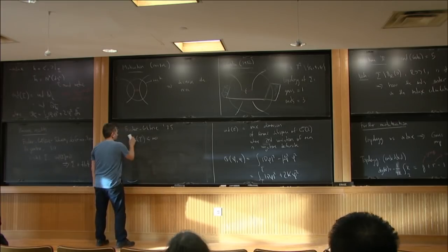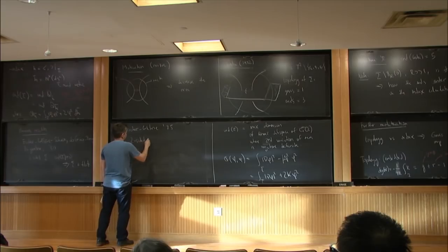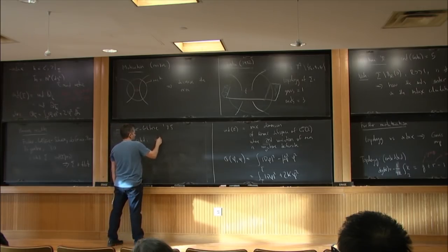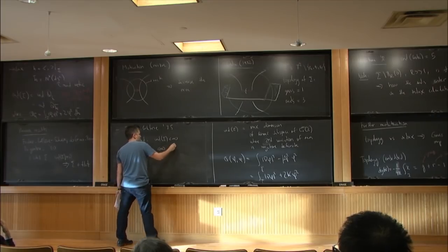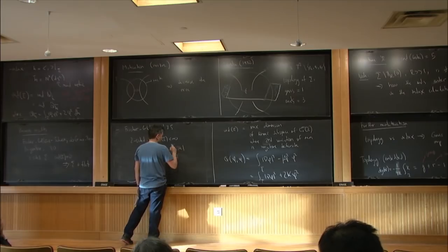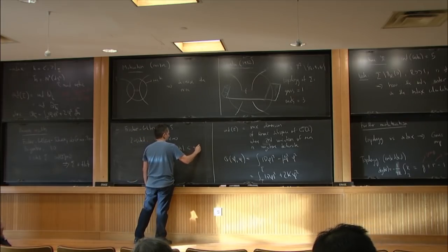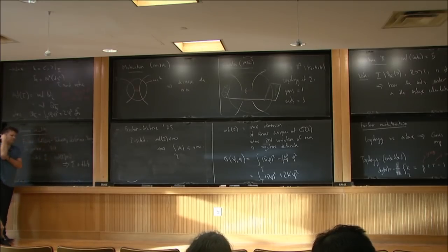Again, this is for two-sided surfaces. A minimal surface has finite index if and only if the integral of the Gauss curvature is finite. In other words, if sigma has finite total curvature.